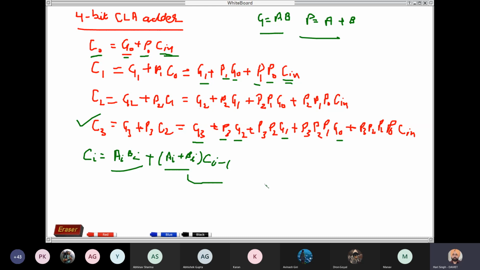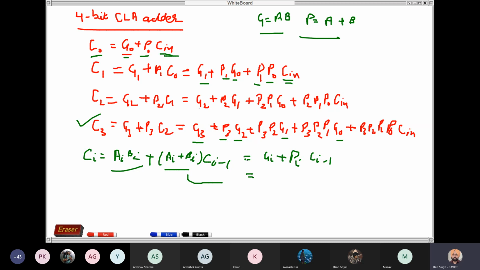Further, if you want to expand, we can put the value of Ci minus 1. Or you can write it in the form of Gi and Pi. So it will be Gi plus Pi into Ci minus 1.